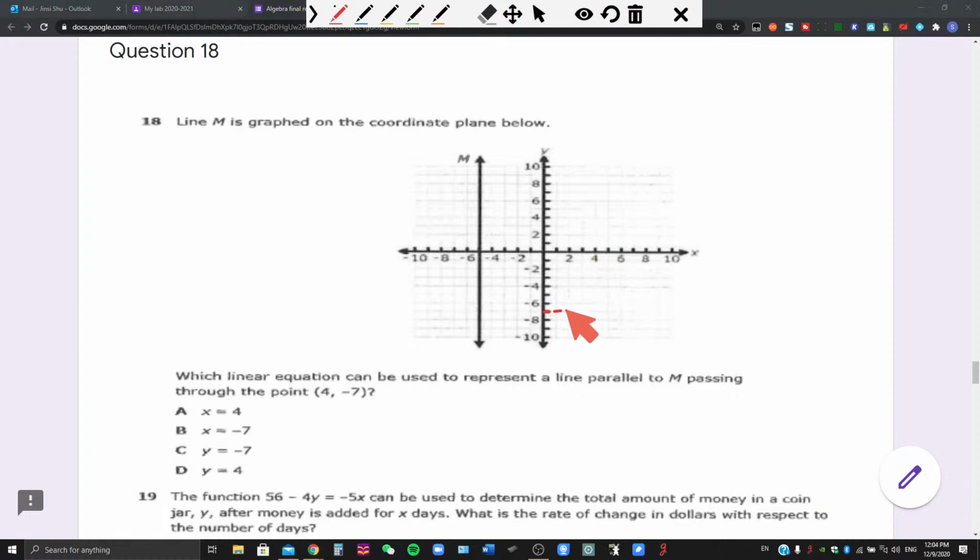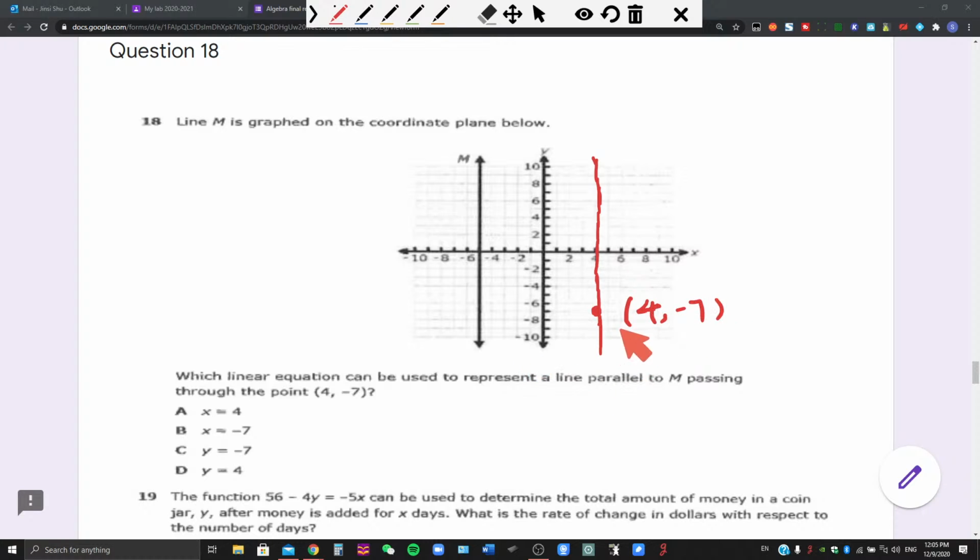Okay, so passing through this point and also parallel to M. M is a vertical line, so we are talking about a vertical line that also goes through 4 and negative 7.